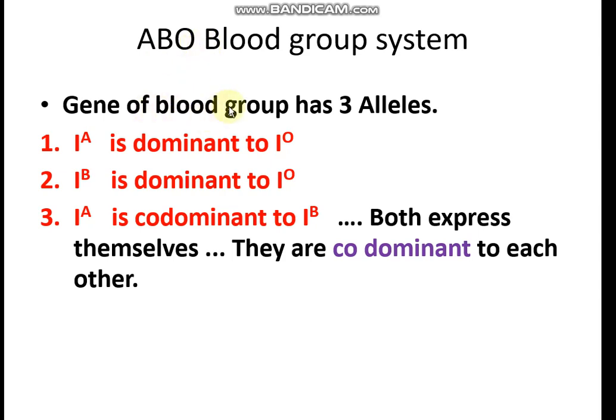The genes of the blood groups are controlled by three alleles, represented by I with A, then I with B, and i for O. One very important thing: allele A is dominant to allele O, and allele B is also dominant to allele O. But allele A is not dominant to B, nor is allele B dominant to A. Rather, they are codominant. Both express themselves.